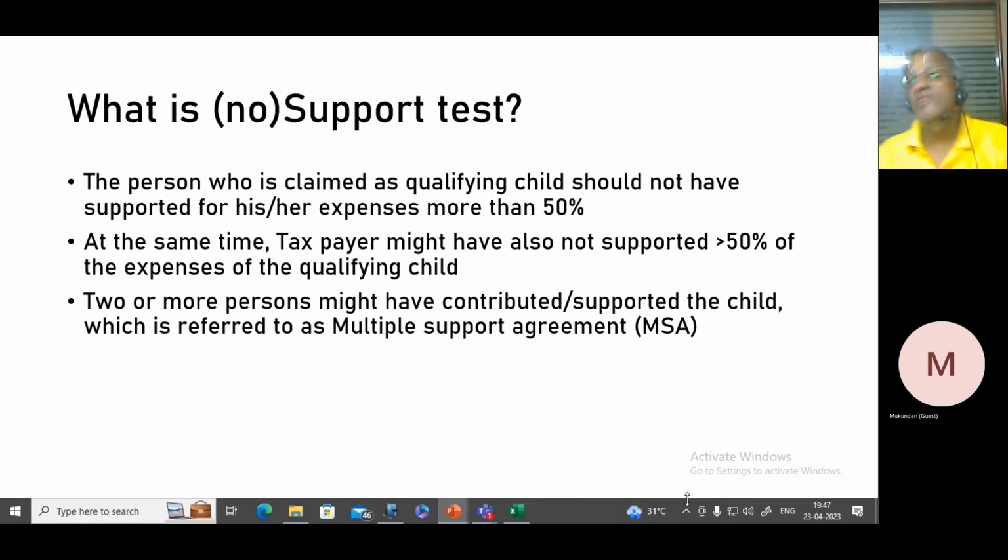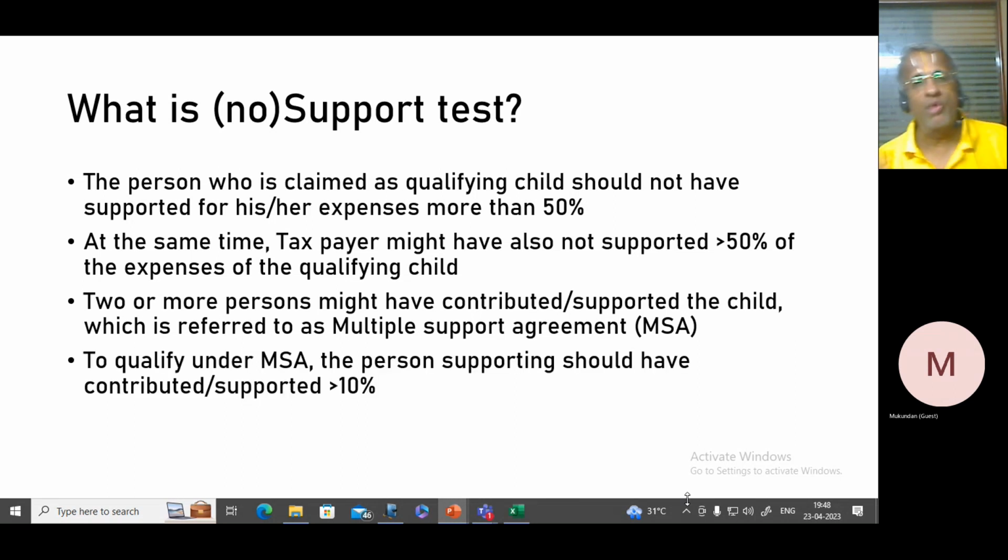Then, is there any threshold that the supporting person should have contributed? Yes. At least 10% a person should have supported. Only then can he consider that he had supported. Otherwise, he will not qualify at all. To qualify under MSA, the person supporting should have contributed or supported 10%.